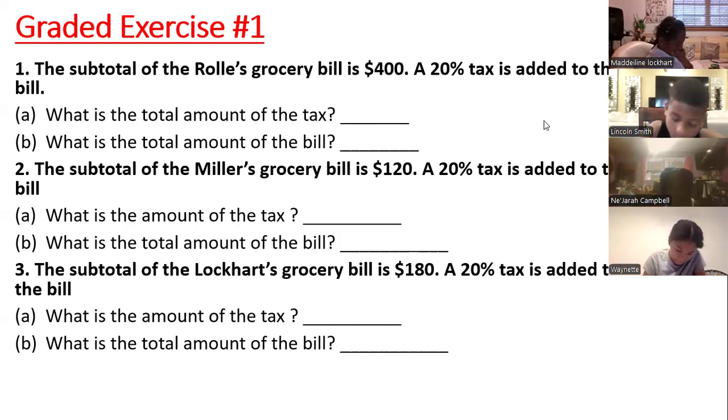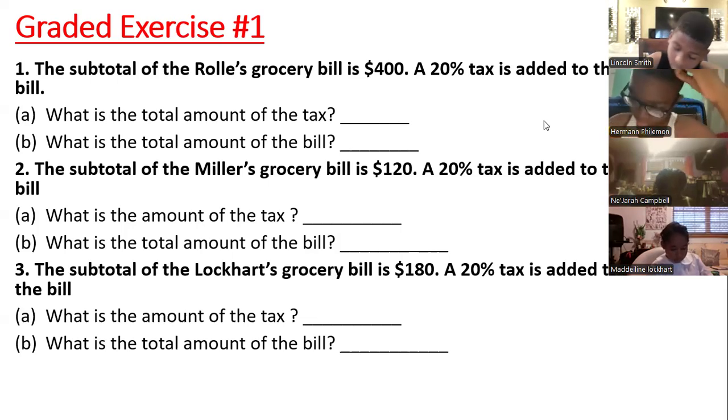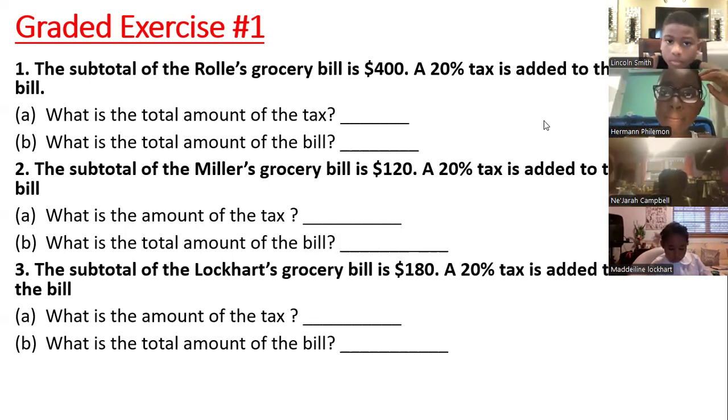Herman, what did you get for number 1A? I'm still trying to solve it. What part are you on? I'm on A. What step? I'm multiplying it. Multiplying what number?